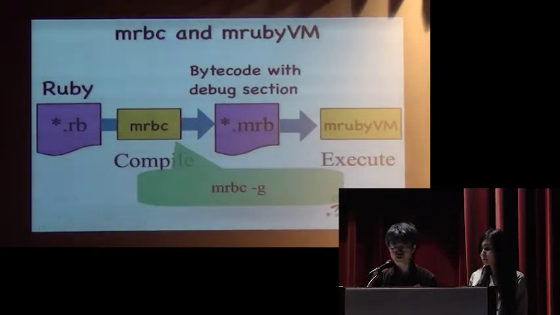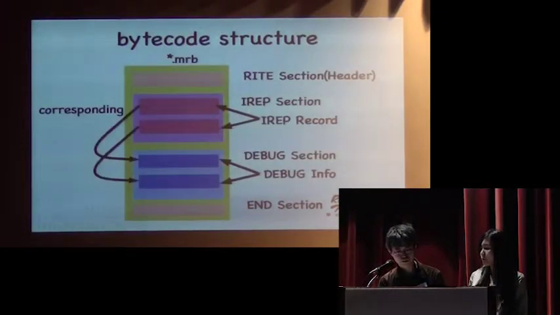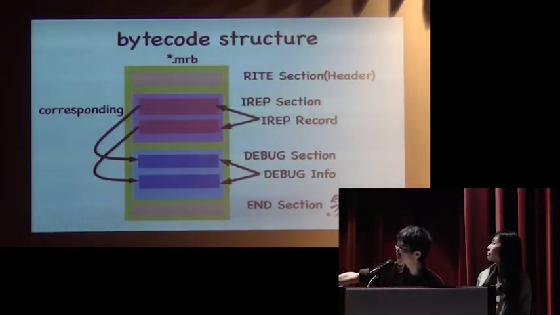If you add the G option, mruby generates a debug section like this. The third section is the debug section, and the fourth section is the end section.